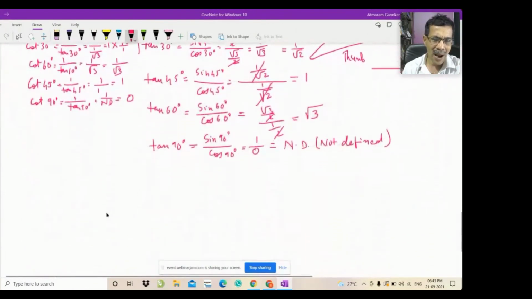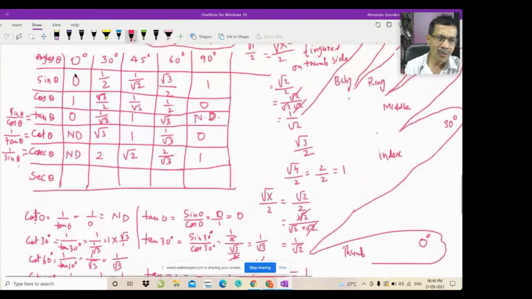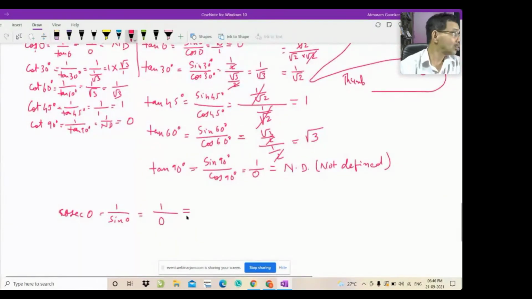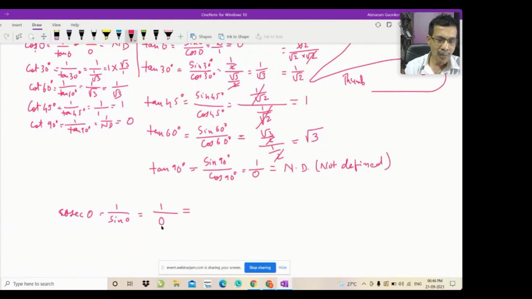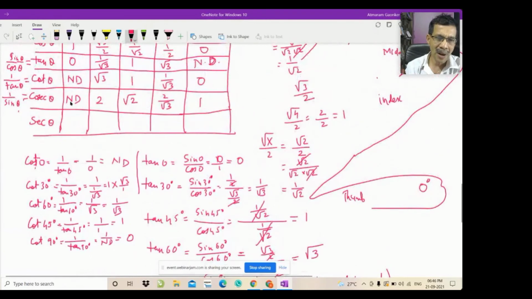So here I will write, cosec of 0 is equal to 1 upon sine of 0, and sine of 0 is 0, and when 0 is in the denominator, it is not defined. So I have written not defined here.